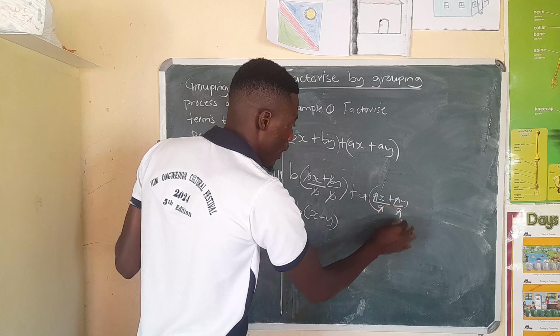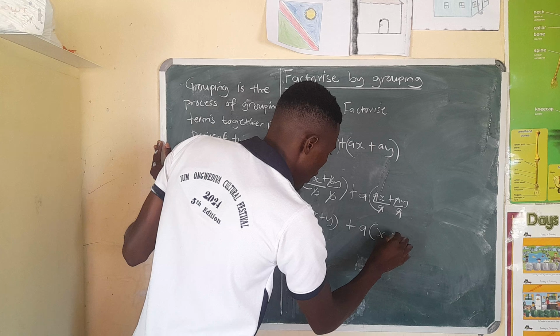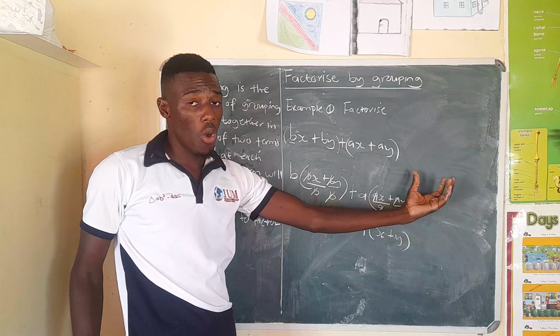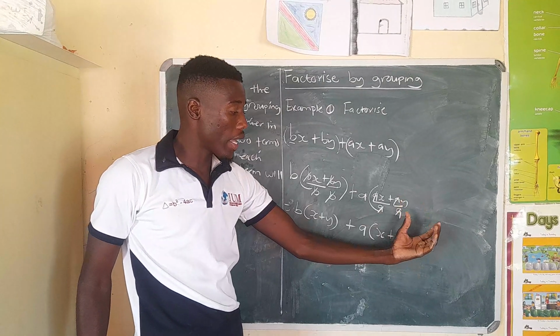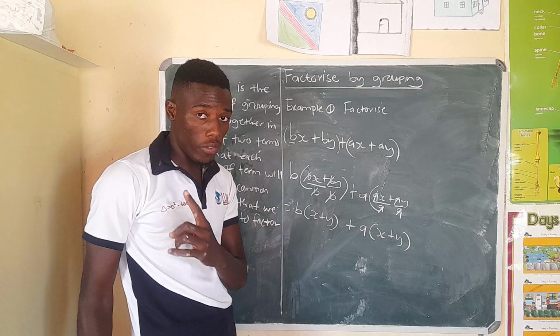This one cancels, and then I'll have x plus y. Remember here I wrote that take the whole bracket as the common factor.